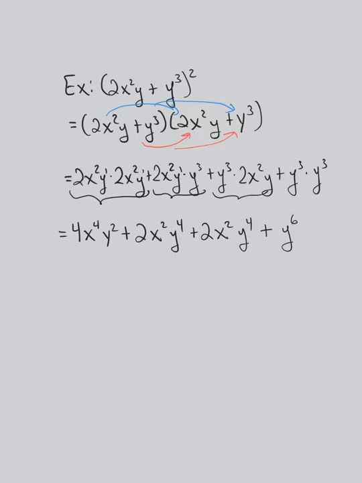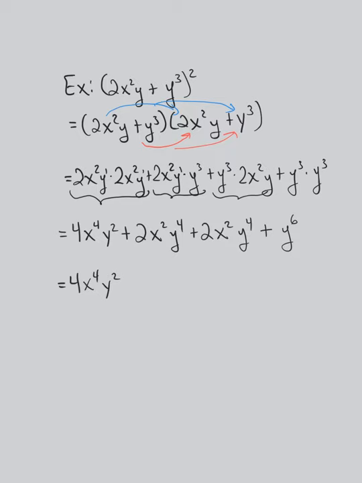So what do we do? We look for like terms, and I kind of went against what I was saying when I was adding. I write the first term, and then I look for any like terms to it. So I would need an x to the fourth y squared in here, but I don't have that. Notice I have x squared y to the fourth, just the opposite, but those aren't like terms because x is to different powers.